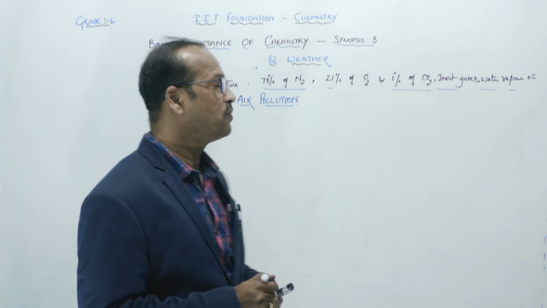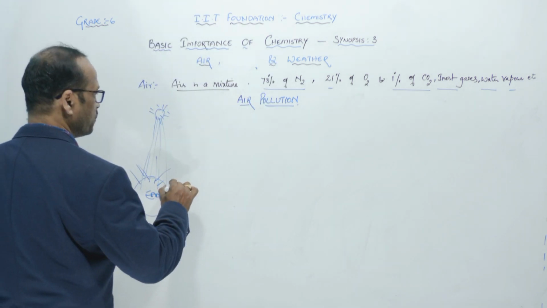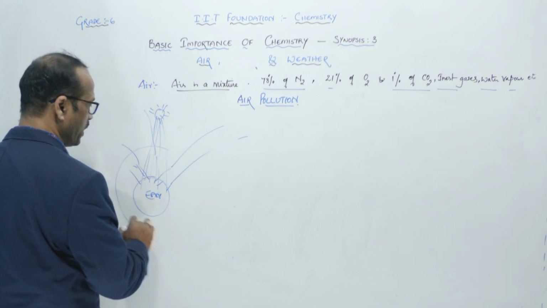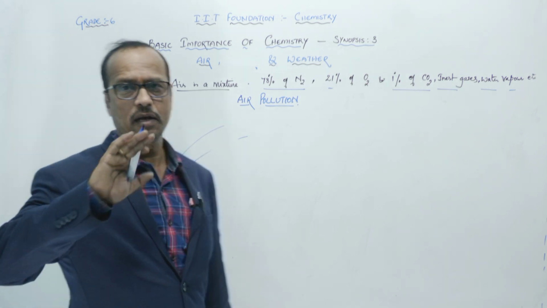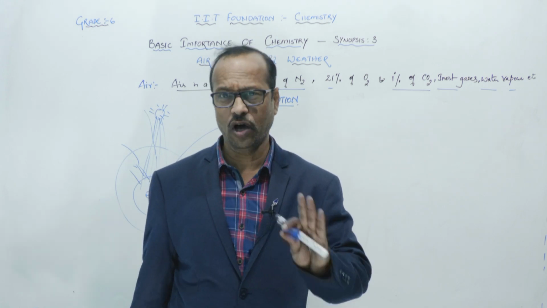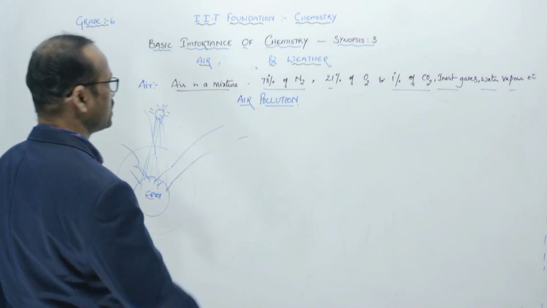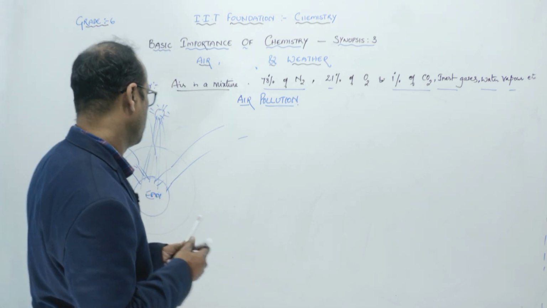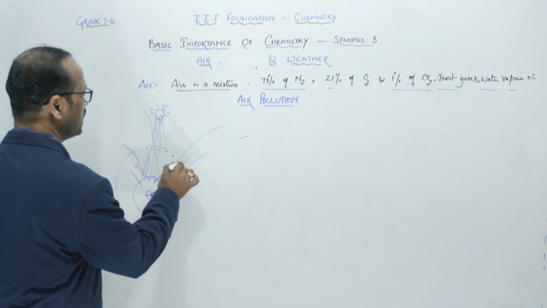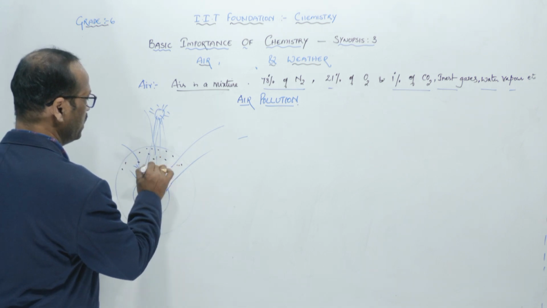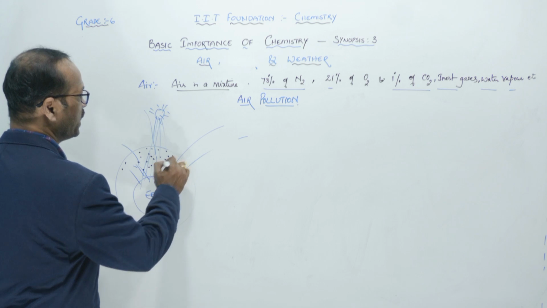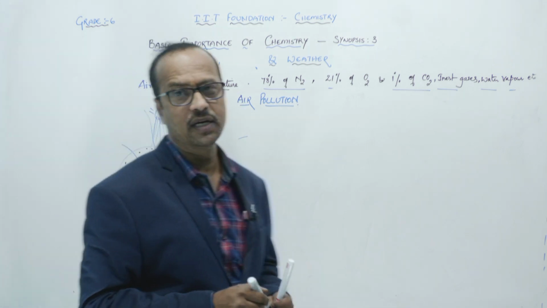If the heat is reflected back and goes away from the Earth, then no problem. The surroundings will become cool. It will be normal. But here, due to the increase in carbon dioxide in the atmosphere, the carbon dioxide does not allow the reflected heat to go away from the Earth.